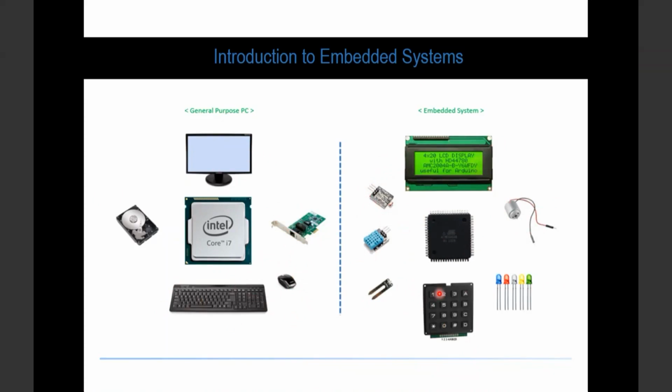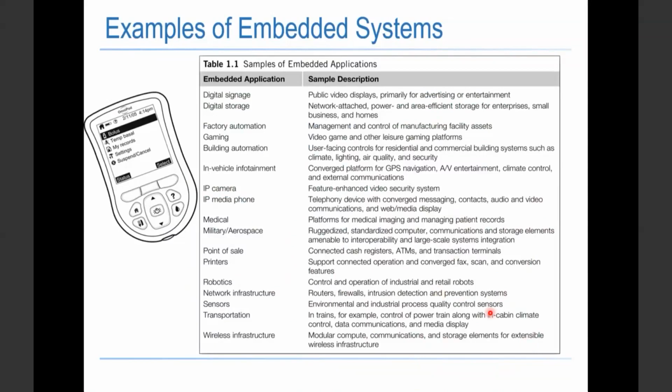Now in the next few slides, we are going to look at a lot of examples of embedded systems. So here is a sample of the applications for embedded systems. Let's look at digital signage.